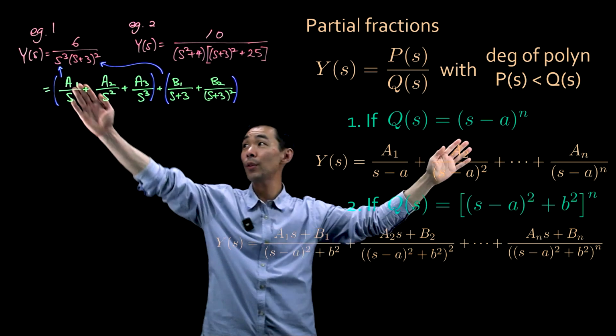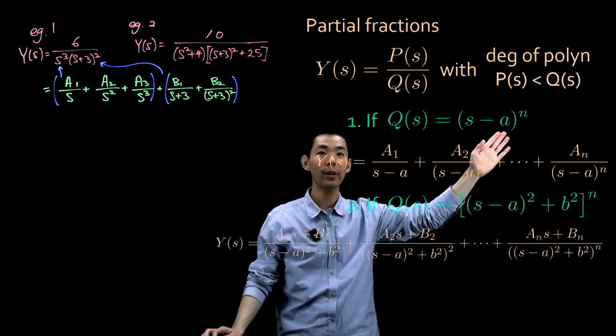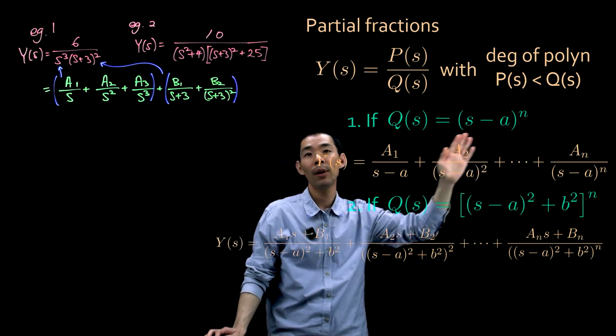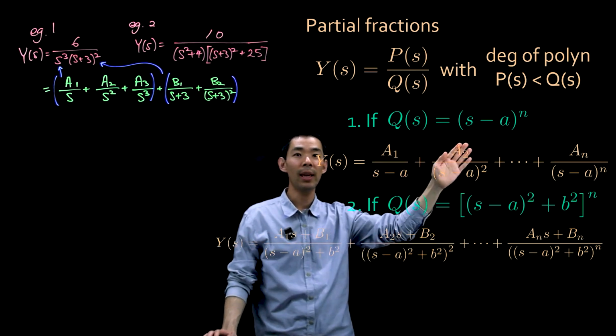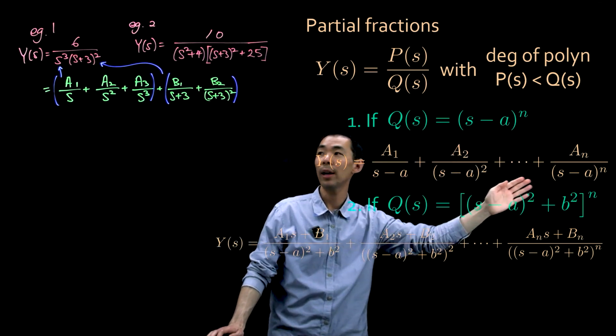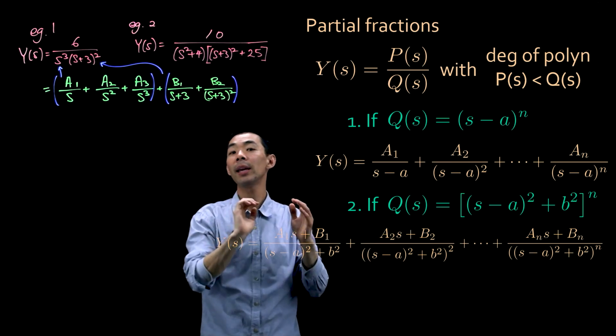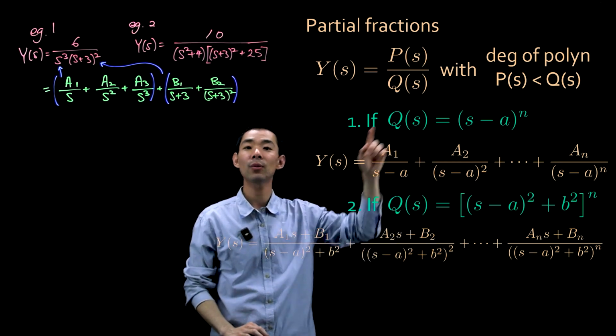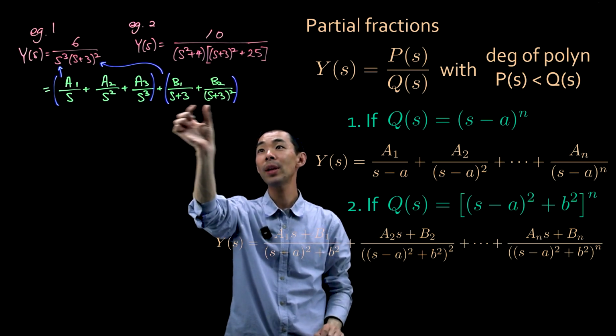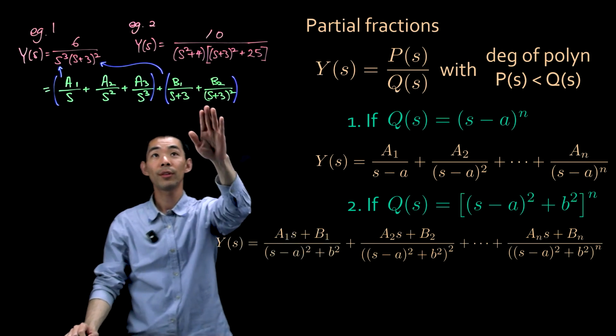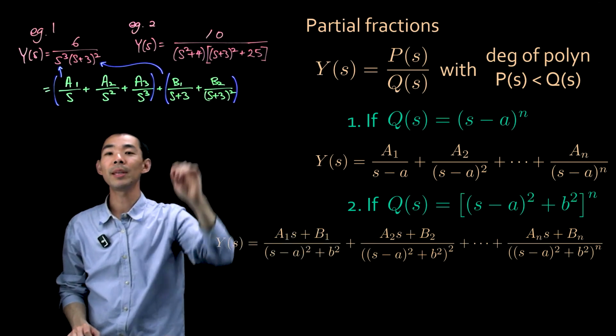In this first case, s cubed is a situation where this factor a is just equal to 0. So I have a1 over s plus a2 over s squared plus a3 over s cubed. That's what I wrote right here. The second term is another case of case 1, where I've just taken s plus 3 squared with 2 coefficients, b1 and b2.